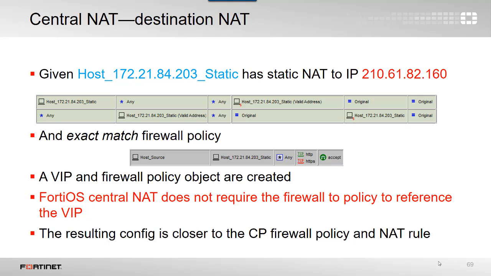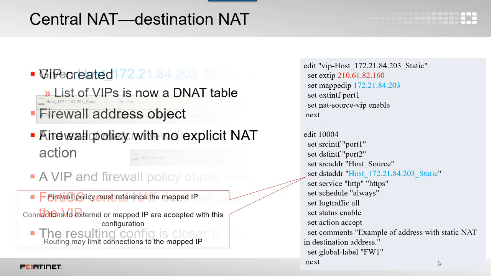Another example of central NAT, using destination NAT. Now my 172 host has a static NAT to a 210 address and an exact match firewall policy. A VIP and firewall policy objects are created. With central NAT, FortiOS doesn't require the firewall policy to reference the VIP, so the resulting config is closer to the original Checkpoint firewall policy in that rule.